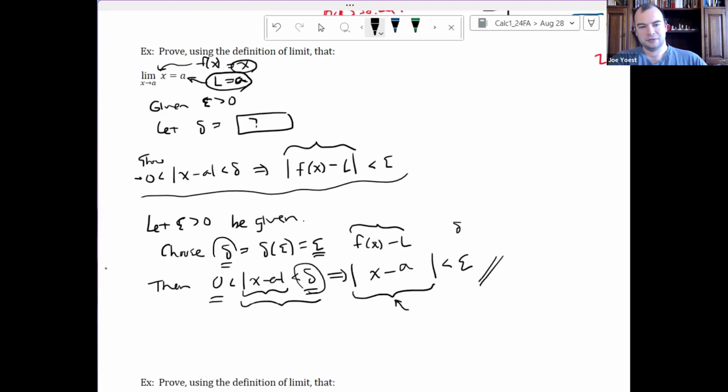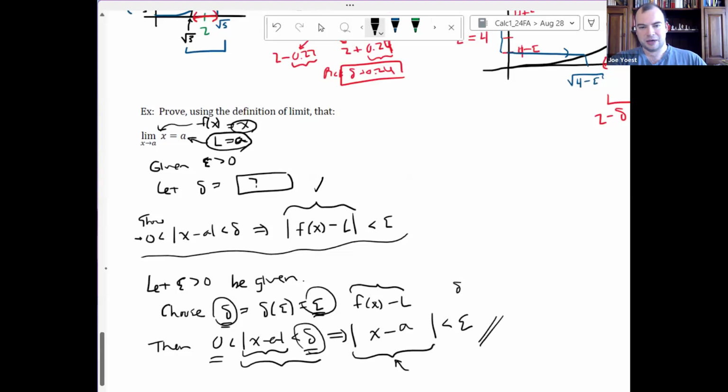And I chose my delta to just be epsilon. That turned out to work just fine in this case, basically because f of x minus L just turned into x minus a, which is exactly what I have here. So this might be maybe the easiest non-trivial limit to prove.